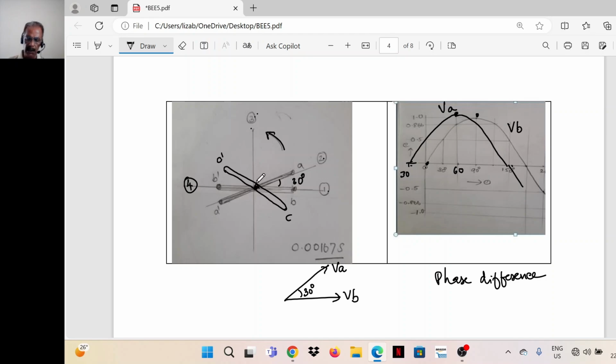All are fixed together. What will be the voltage induced in coil C? The voltage induced in C lags behind B because the set of coils are rotating in counterclockwise direction. A comes first, then B, then only C. That means the voltage can be represented like this.